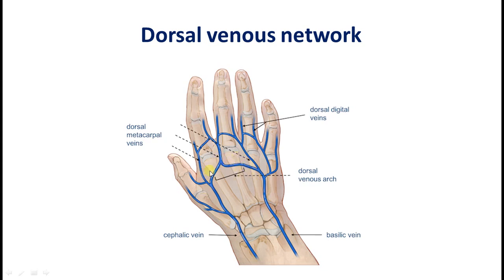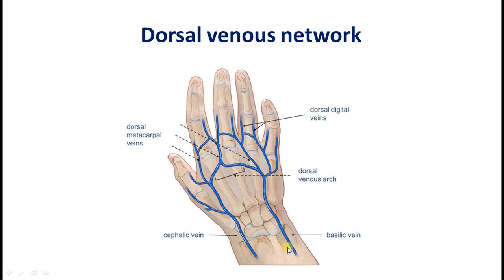Now the lateral part of the dorsal venous arch will be joined by the dorsal metacarpal vein from the radial side of the thumb to form the cephalic vein. When the dorsal venous network is joined by the dorsal metacarpal vein from the medial side of the little finger, that will form the basilic vein.